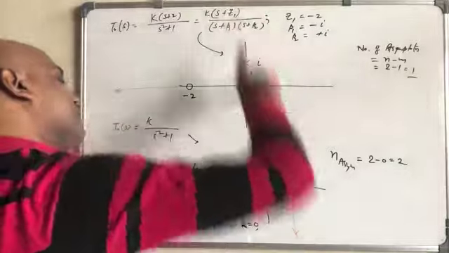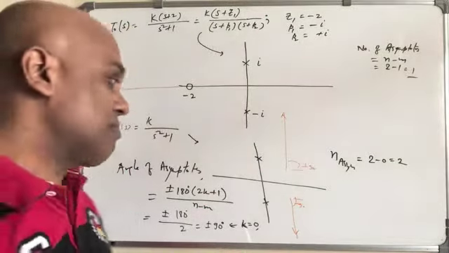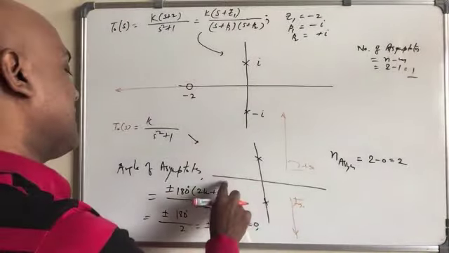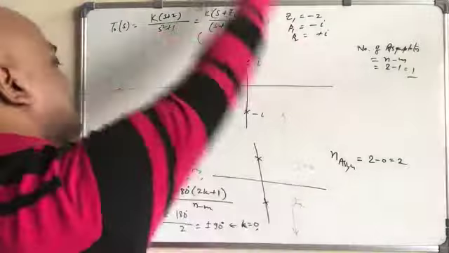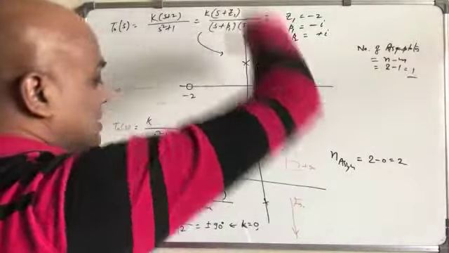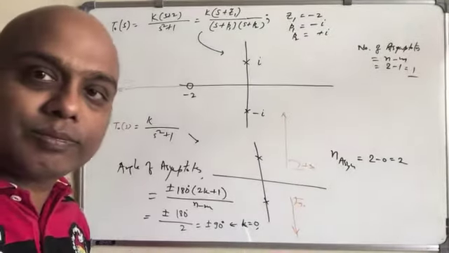This is how the root locus will go. From where, we don't know, but this tells you the root locus cannot be on this line. The root locus has to go in the imaginary direction, both plus and minus.